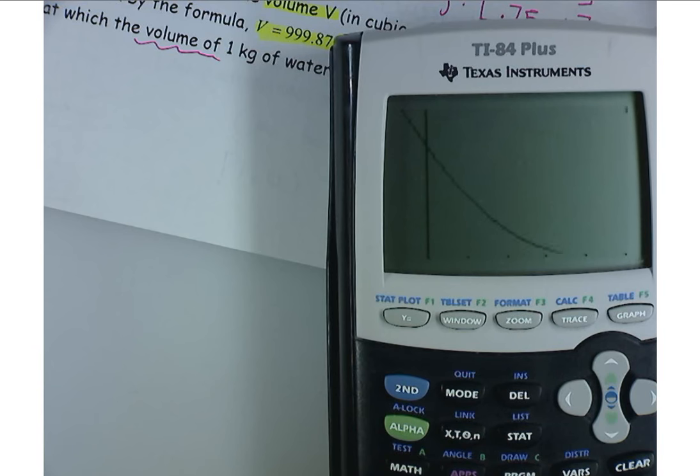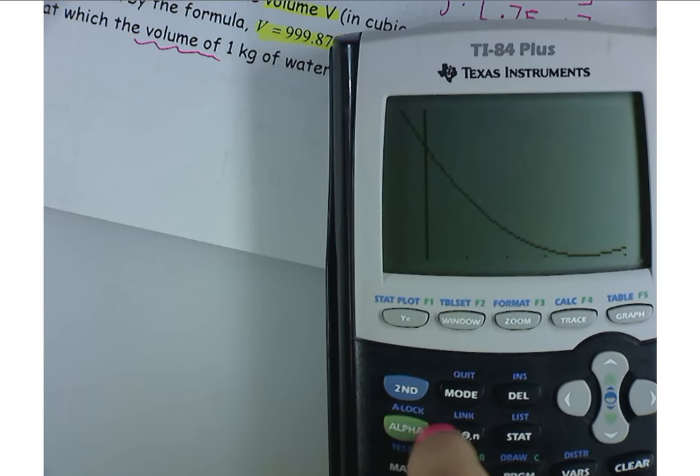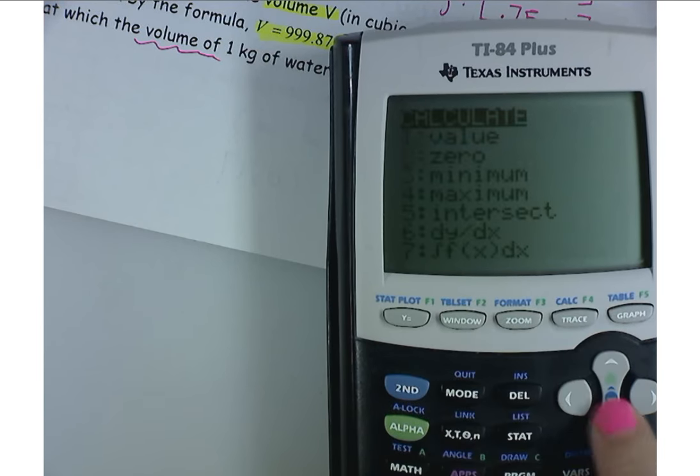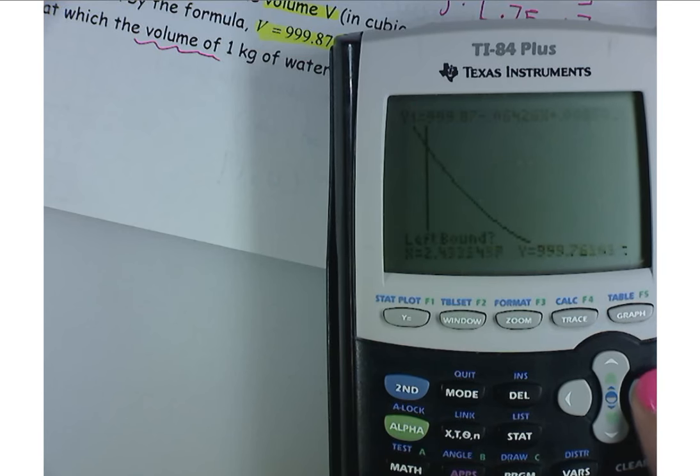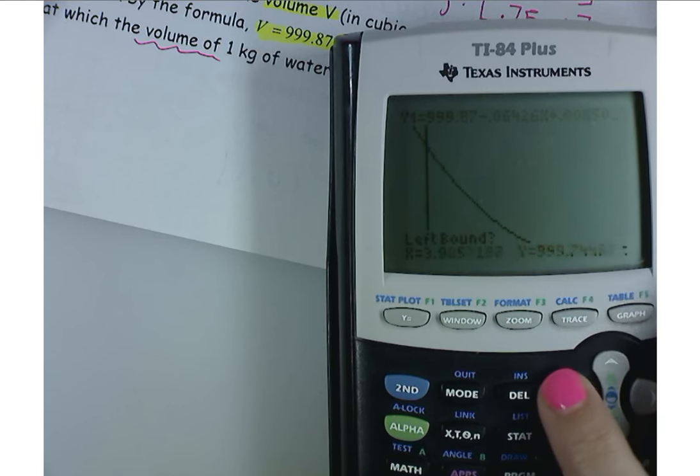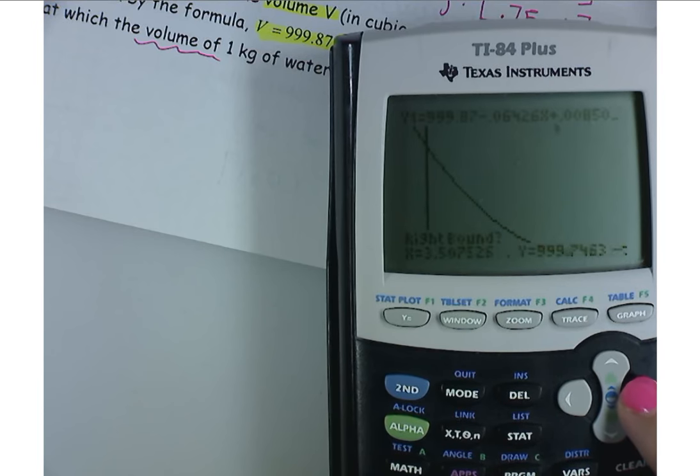So I just did my Zoom Fit one more time. And I'm going to go to second trace, and I'm going to go to my minimum. And again, I'm going to use my Y values to help me figure out where that minimum is. So my left bound, your bounds are just telling you what areas you're going to look between.